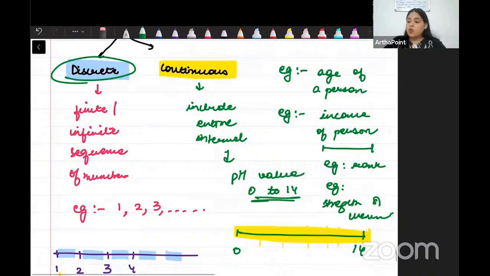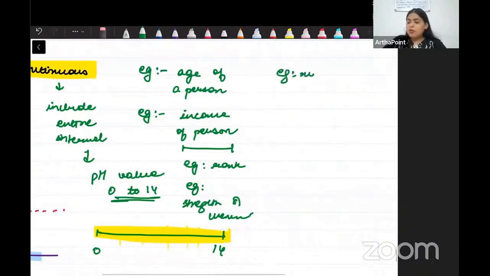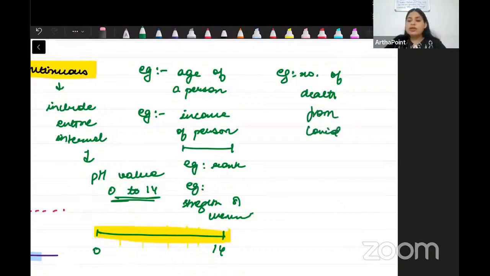But suppose I ask you the number of deaths from COVID. Then it has to be a whole number. It cannot be in points. Either 2 people have died or 3. I cannot have 2.4 people dying. So it is discrete. When I say discrete, you should not include any decimals. When I say continuous, you can include everything in the interval. Okay.